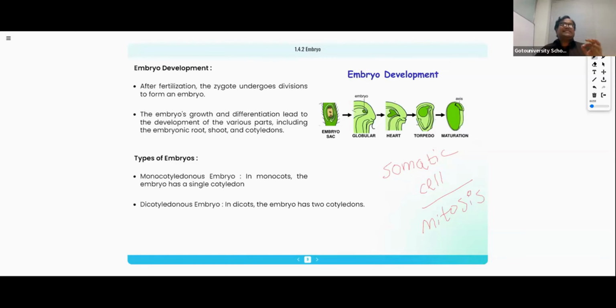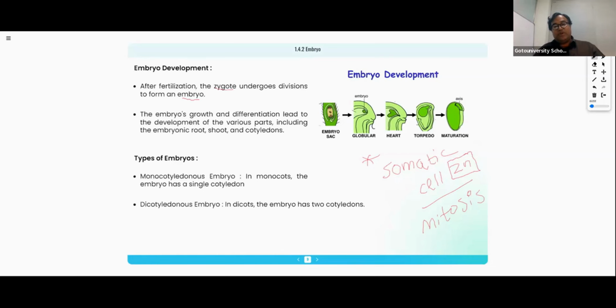This somatic cell is symbolized as 2n, having the complete set of parental chromosomes. This somatic cell is getting duplicated n number of times for making the zygote become embryo. The zygote is becoming embryo because of the maximum duplication of the somatic cells, right?